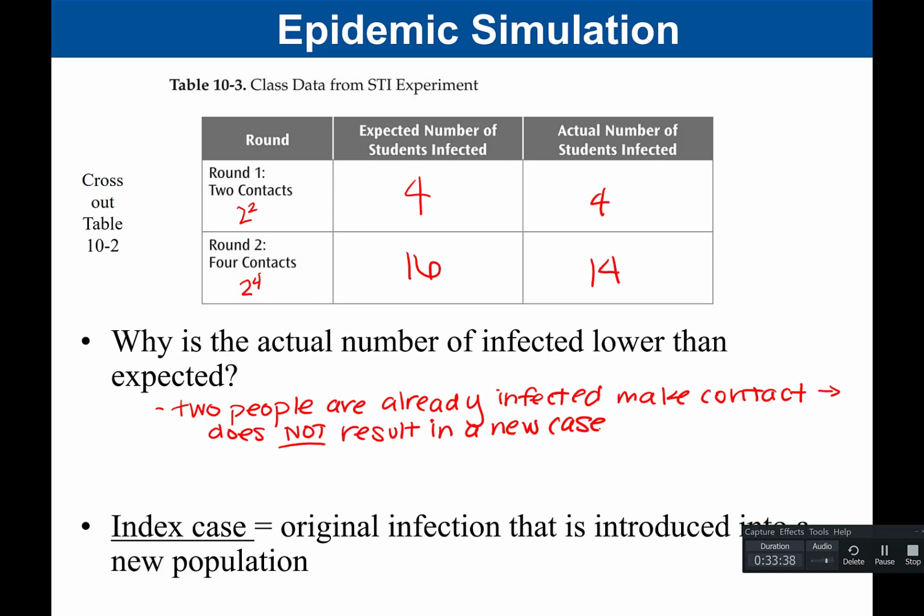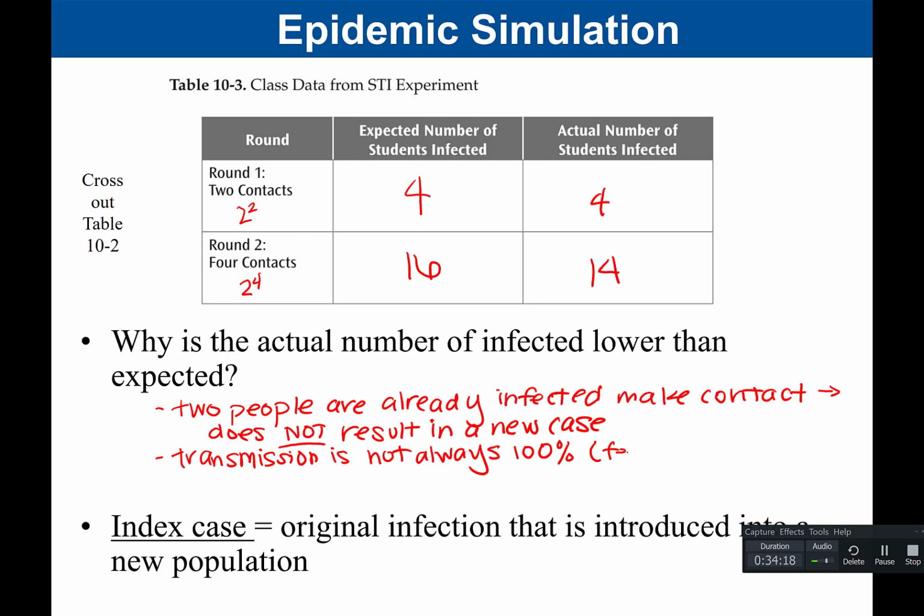Now, there are some other reasons that you need to think about. If you think about real life, if you make sexual contact with somebody who has HIV, for example, is transmission 100%? And the answer is no. So transmission is not always 100%.